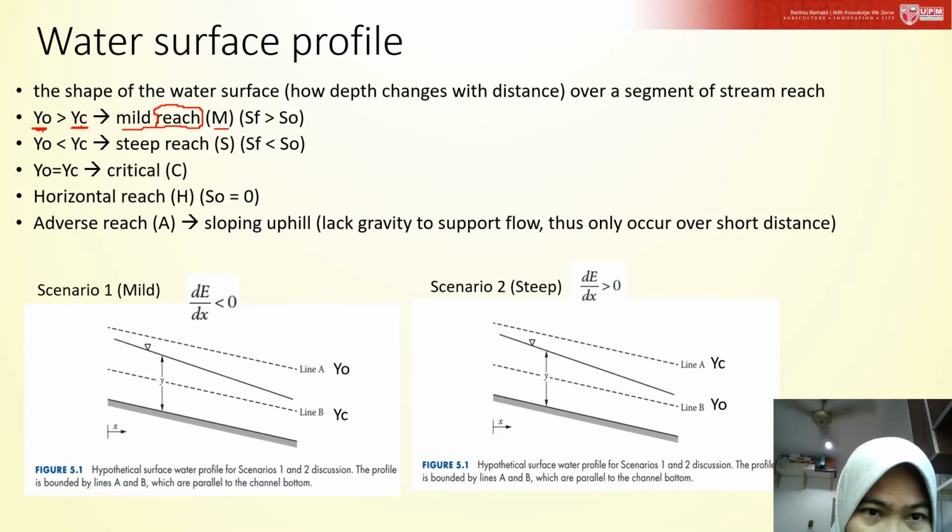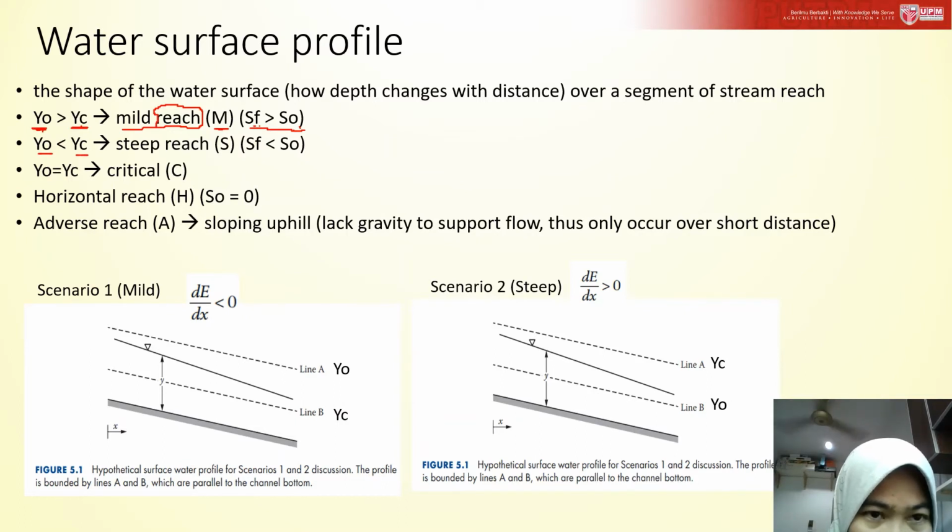The symbol is M. This is also related to the slope of the friction and slope of the bottom. In this case, friction slope is more than bottom slope. The second case is when the normal depth is less than critical depth.